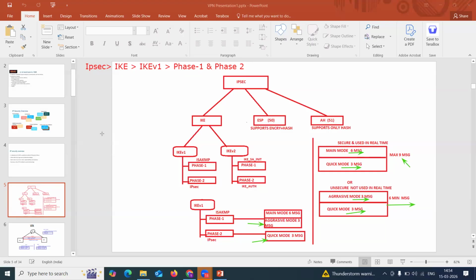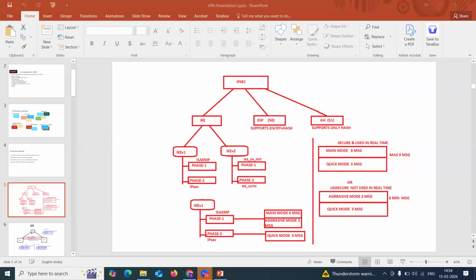Here, message means, I'll tell you what message means. When you do a three-way handshake in TCP to establish a connection, from a client we send a SYN packet, from the server we get SYN plus ACK, and again the client gives ACK for that.